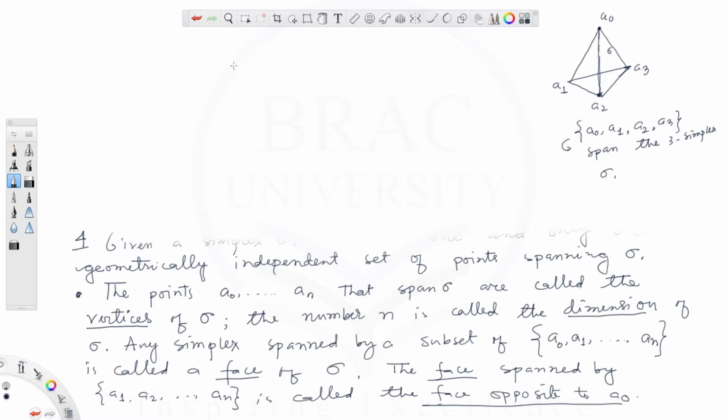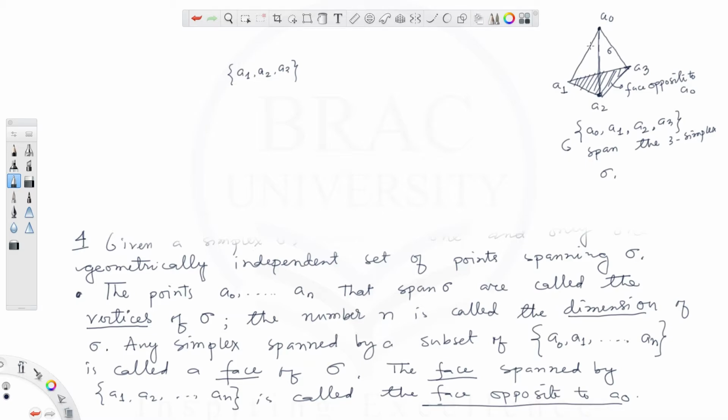See that one can have this triangle A1, A2, A3, which is this shaded region, which is the face opposite to A0.